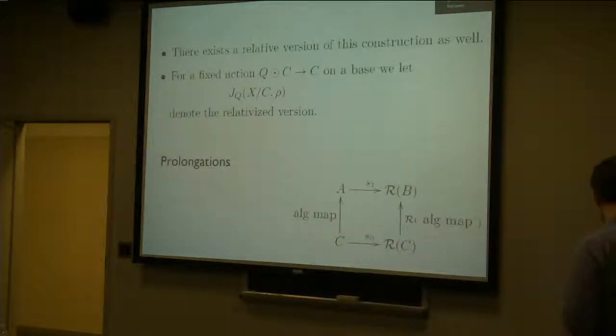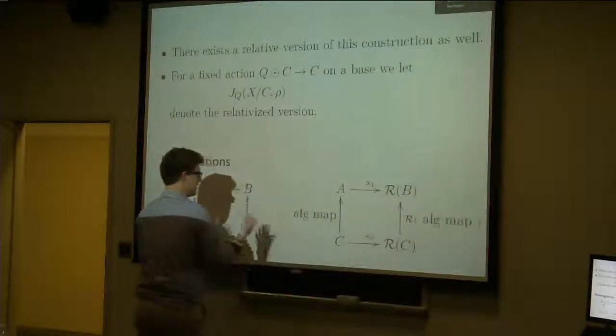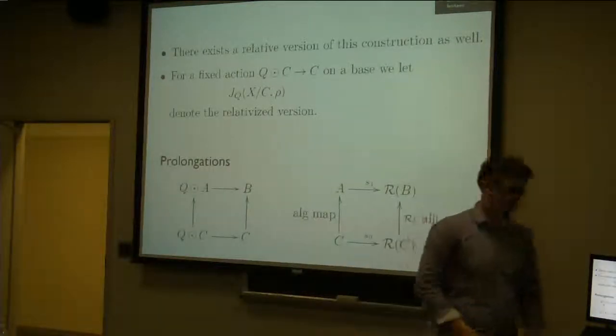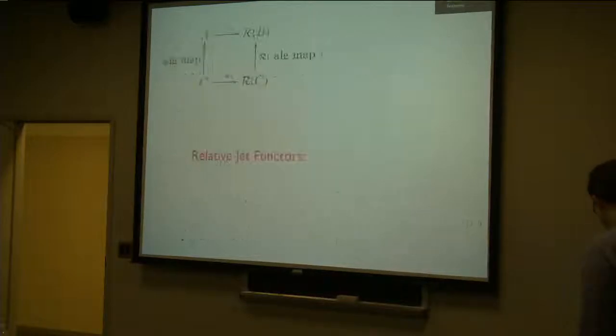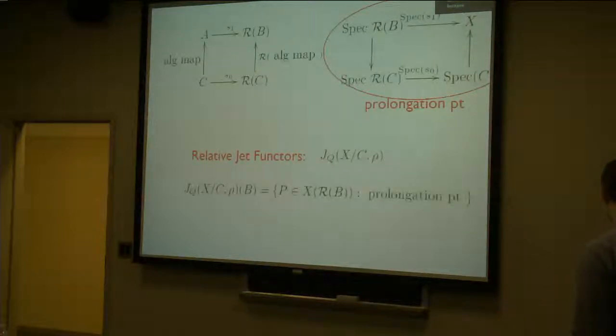Okay, so that's that. And adjointly, there's this description here. You can take the adjoint of this whole situation and write it down in terms of the jets. Then you can also develop a notion of a relative jet functor as well.